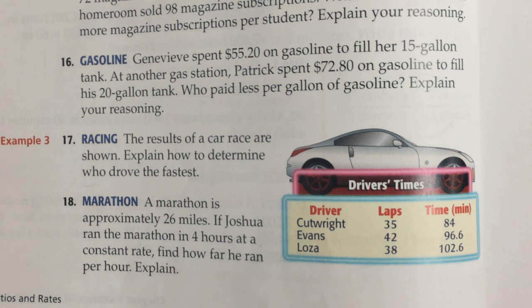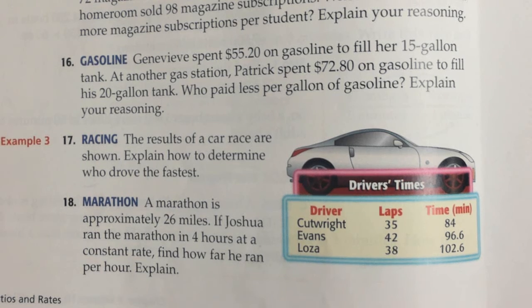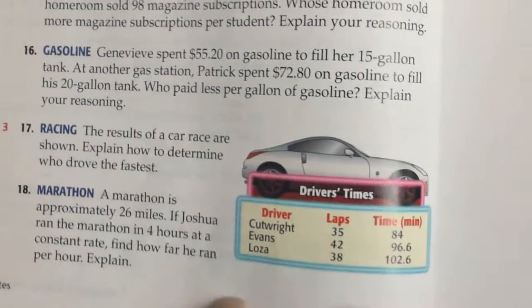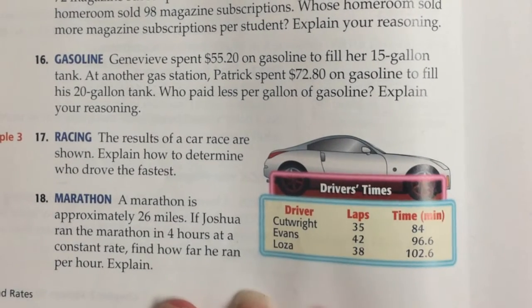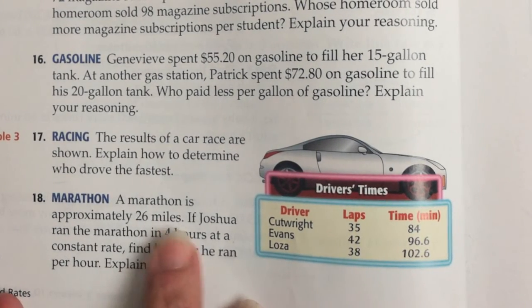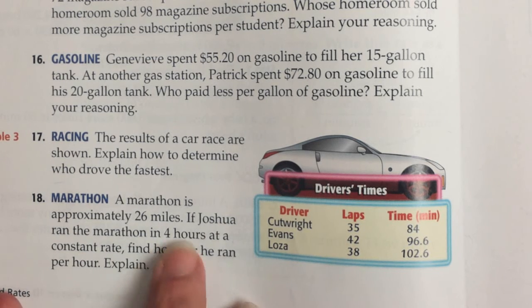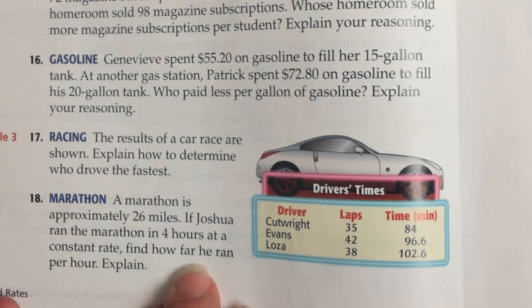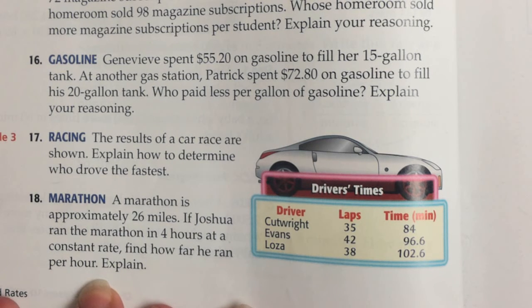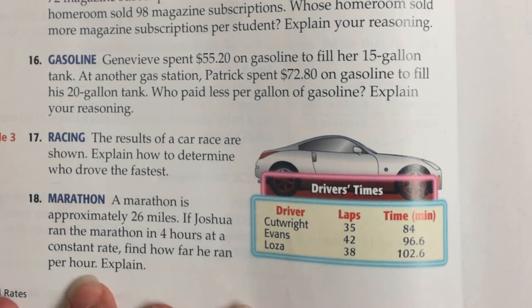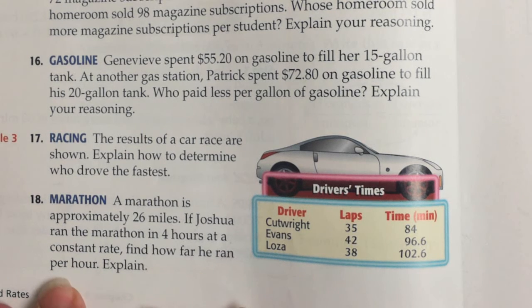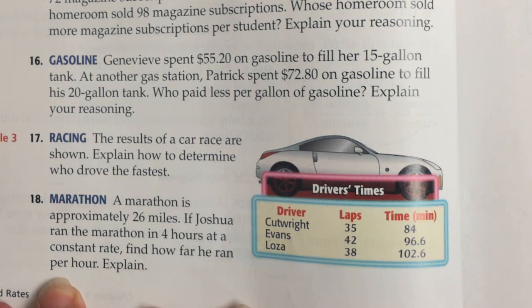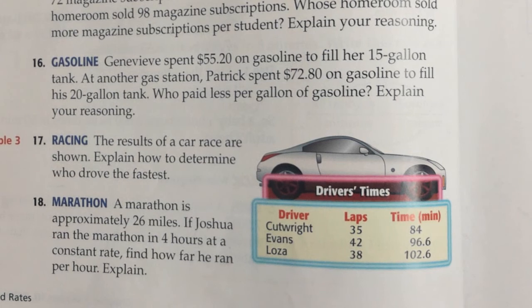But please look at 18 with me, because sometimes they do this and they show it to you, but you got to find it. Look at 18 down here. It says a marathon is approximately 26 miles. If Joshua ran the marathon in 4 hours at a constant rate, find how far he ran per hour. Per hour means 1 hour. If you see the per, P-E-R, hint, hint, that means 1 hour.